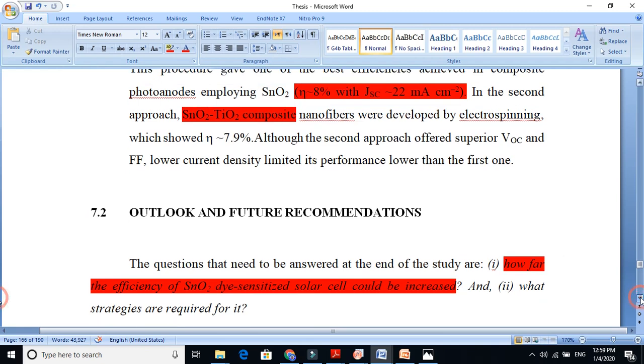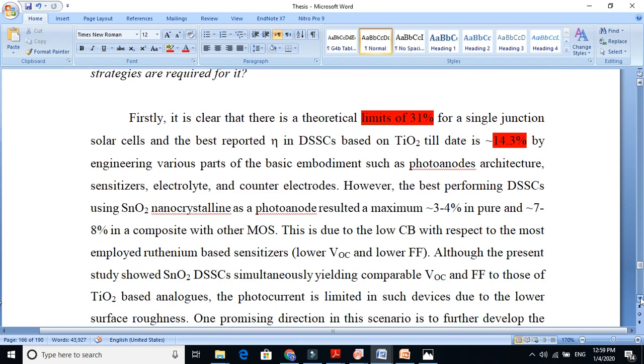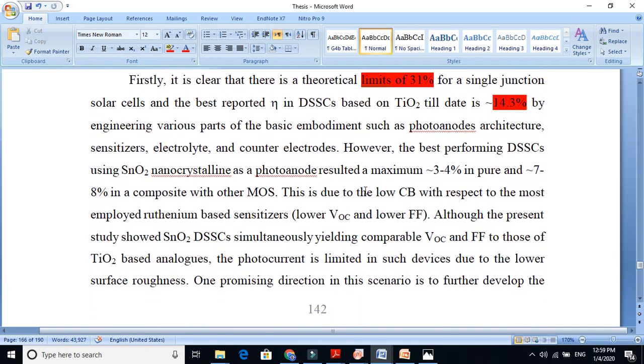So what strategy do we need to adopt here? You see, the best performance solar cell in pristine is this, and composite is this. We achieved very beautiful things. The theoretical efficiency is 31%. Titanium achieved this, but what I achieved is 3 to 4% in pure and 8% in composite.